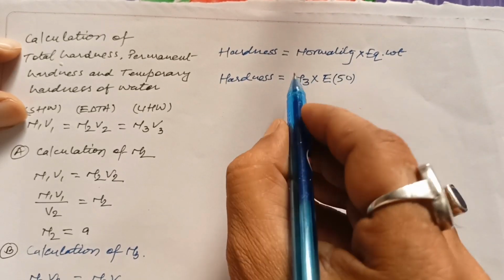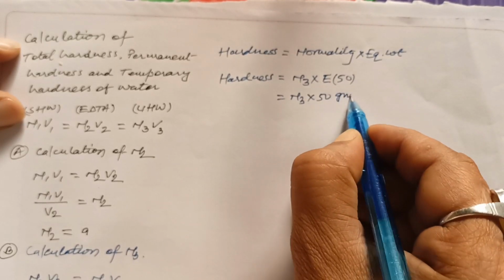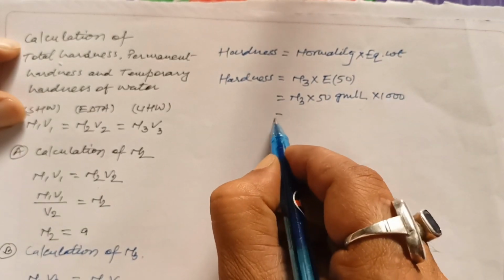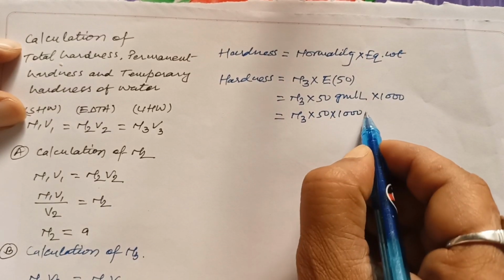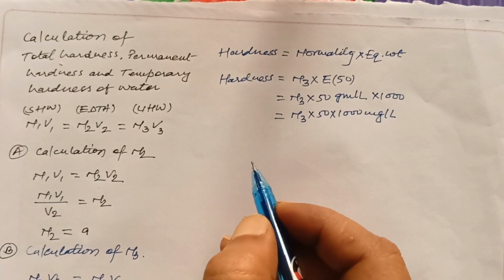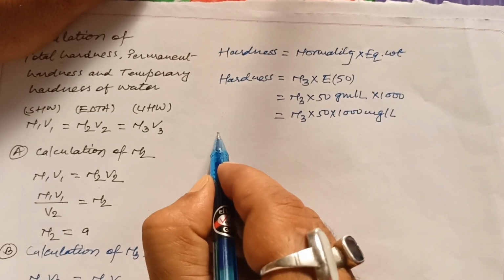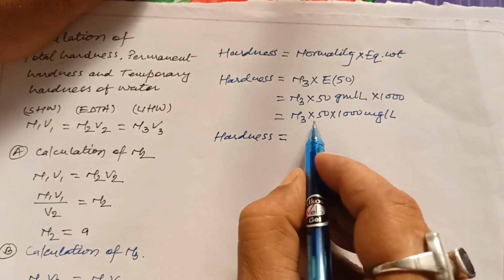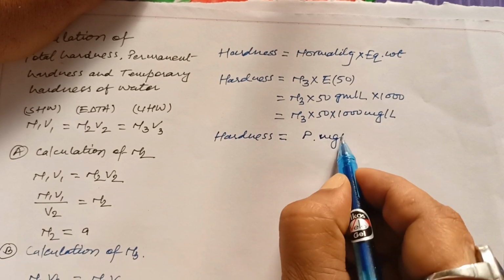We know that very well. So we get here N3 into 50. So gram per liter is the answer, and multiply here 1000 to get milligram per liter. So N3 into 50 into 1000, so we get here milligram per liter. Now we have this hardness, and suppose this hardness for example is P milligrams per liter.